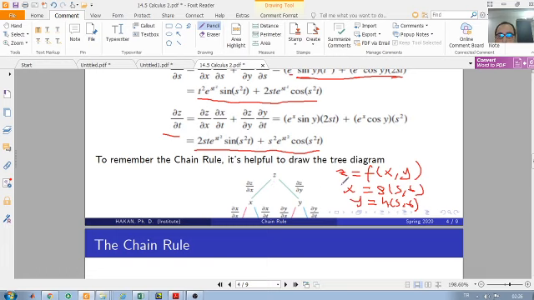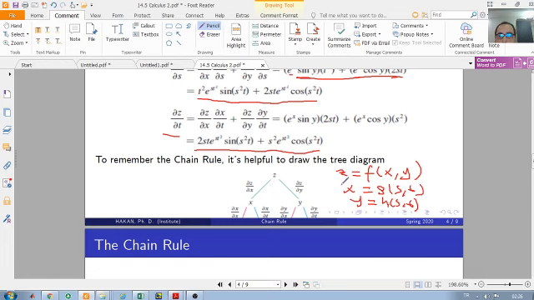And then we take the derivative of inner functions, which are x and y, because they are differentiable functions of s and t. So we take the partial derivative of x with respect to s and with respect to t, and the partial derivatives of the variable y with respect to s and with respect to t.